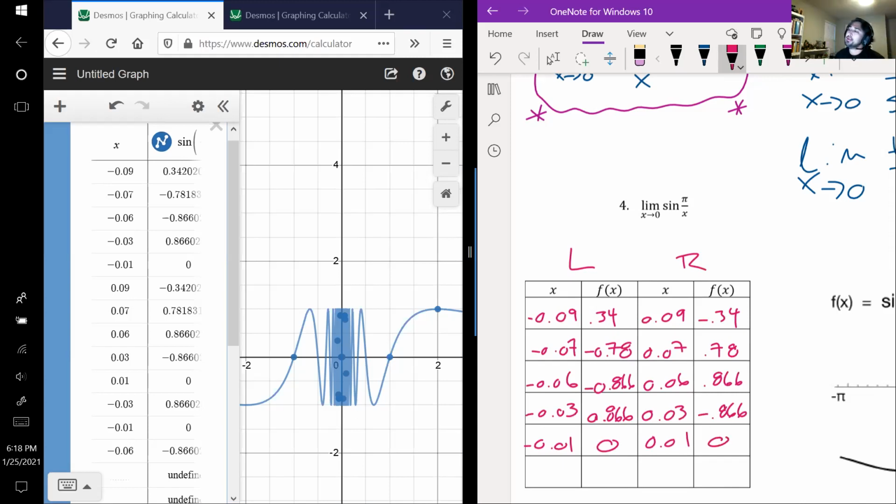Okay. So let's look at our XY charts. Look at the left-hand limit. As my values on the left side get closer and closer to 0, what value is my limit approaching, or what behavior is my limit showing?